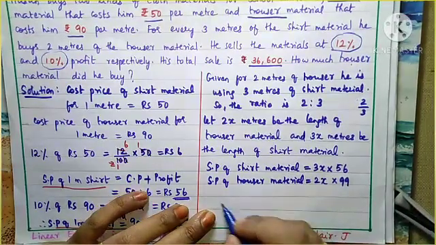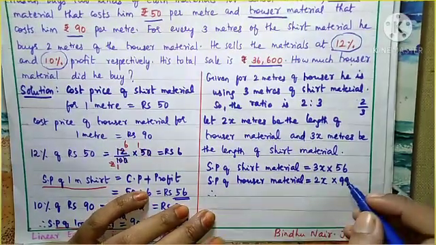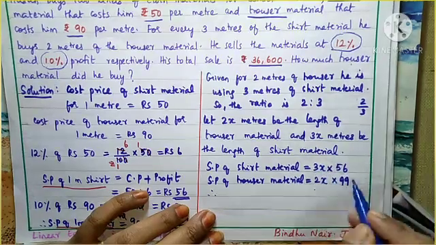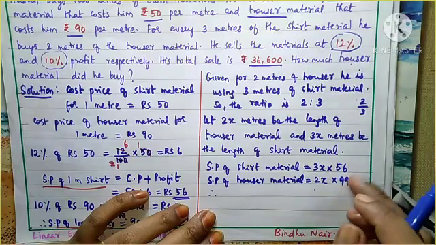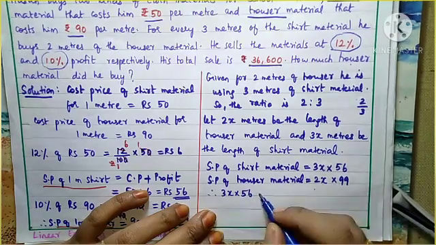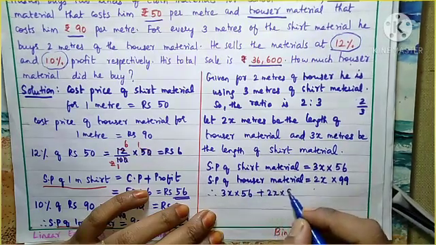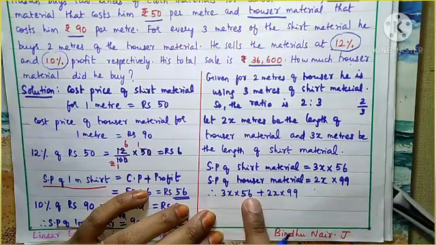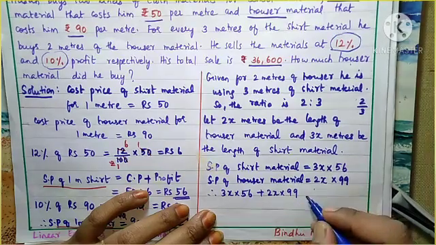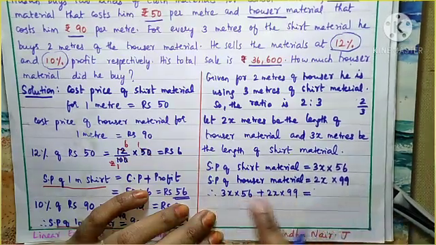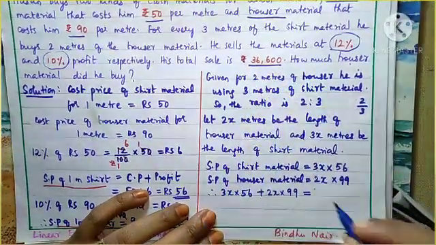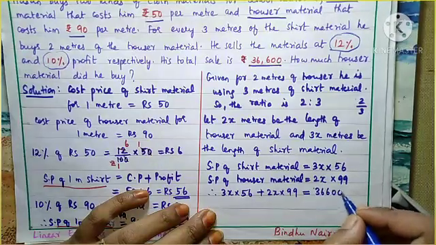Therefore, total selling price means what we want to do? We need to add shirt material selling price and trouser material selling price. So therefore 3x into 56 plus 2x into 99, that is total selling price of shirt material and total selling price of trouser material, is equal to, when you calculate the addition, what is given? That 36,600. Understood all of you?